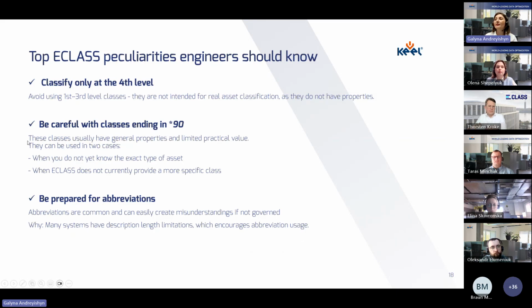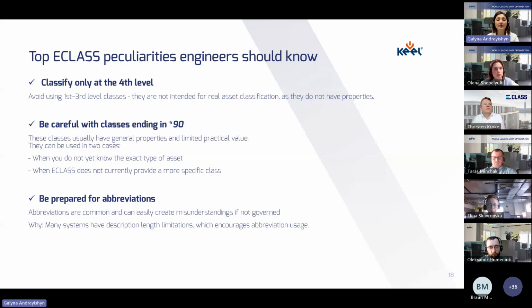Regarding peculiarities. Besides data conflicts, we have also experienced several peculiarities. The first one is we suggest always classify at the fourth level. The first to third level are structural and do not contain technical properties. They are not intended for real asset classification.